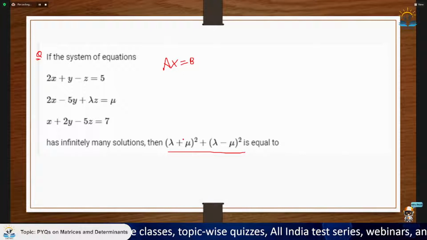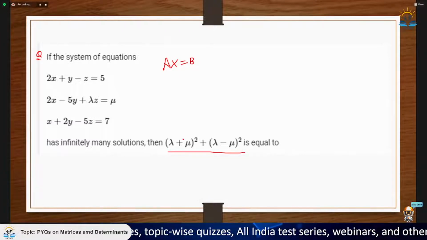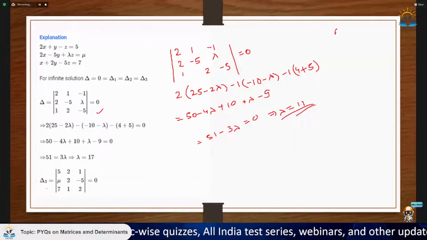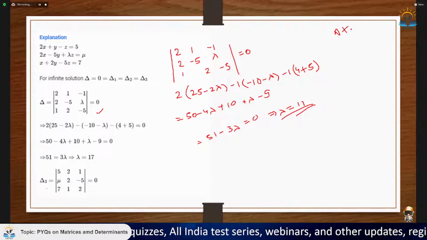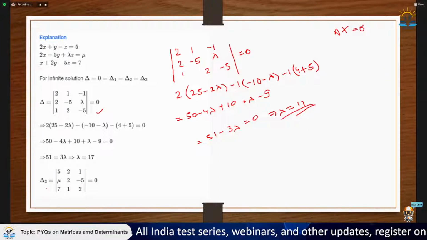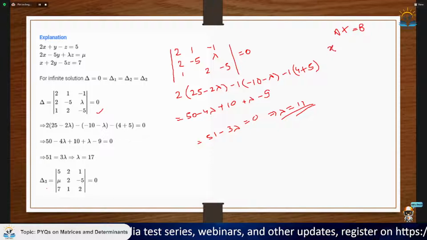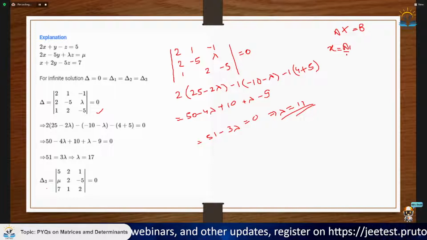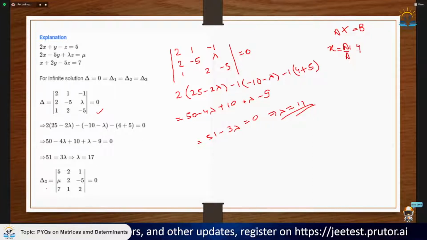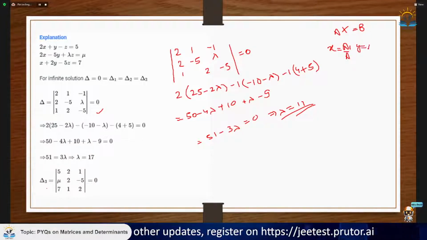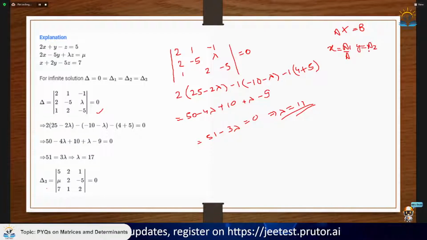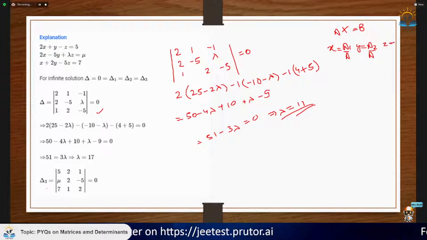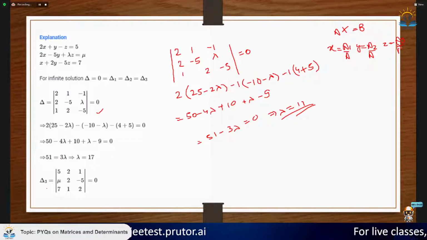So for that I need to calculate mu also, and I told you that Ax equal to B has infinitely many solutions where x was equal to A1 by A, y was equal to A2 by A. अगर ये नहीं पता तो ये भी अभी देख लो, ये आप पहले से लिख सकते हैं इसको डायरेक्टली, and z is equal to A3 by A. अभी क्या होता है ये भी मैं बता देता हूँ.